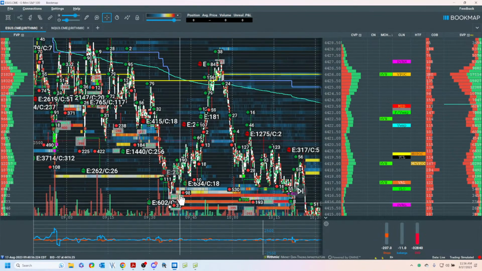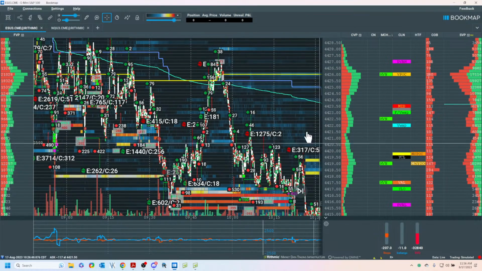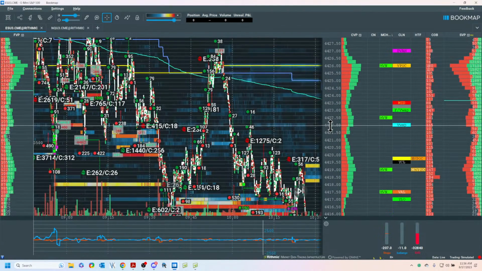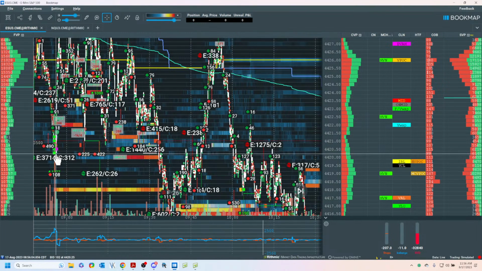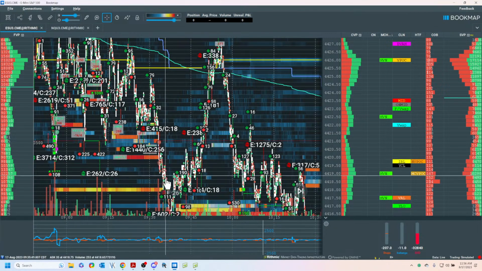We are in yesterday's range. I'm running out of time, so I'm going to be done in a minute. This is the first hour low, 9:30 Central Time. It's called the initial balance low, and it happened here. If we take it out, we can continue lower.